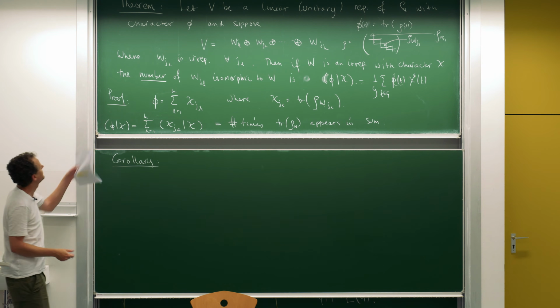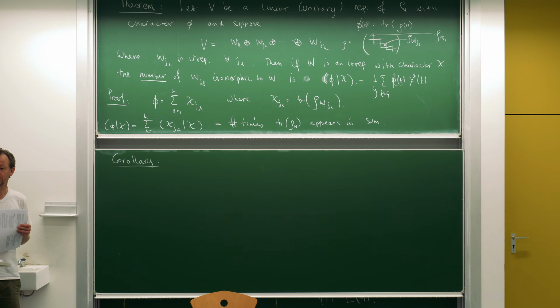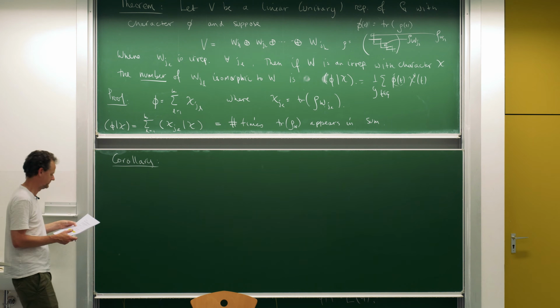All right, so we've proved this theorem. Just by one computation, we now know how many times an irreducible representation appears in that direct sum.